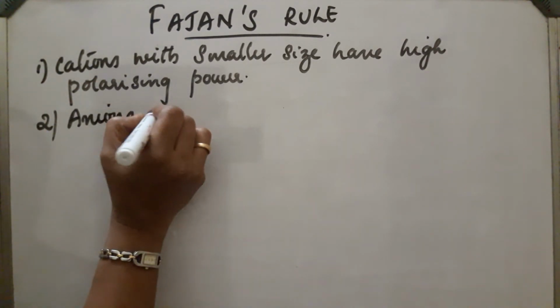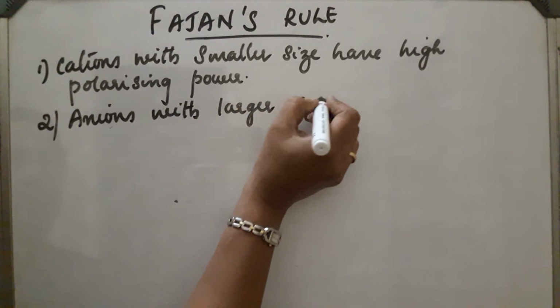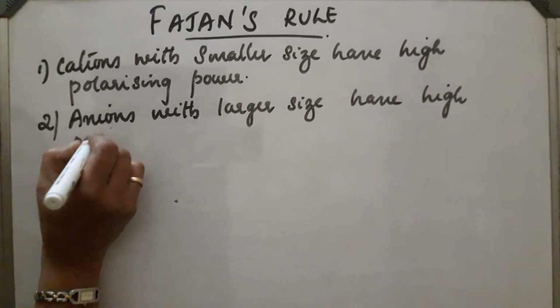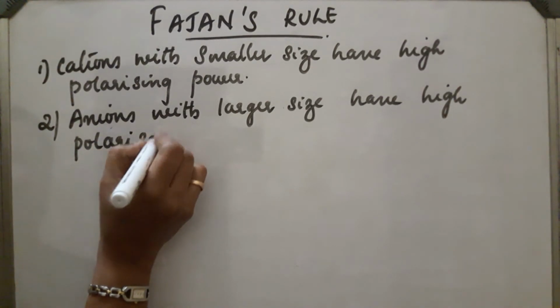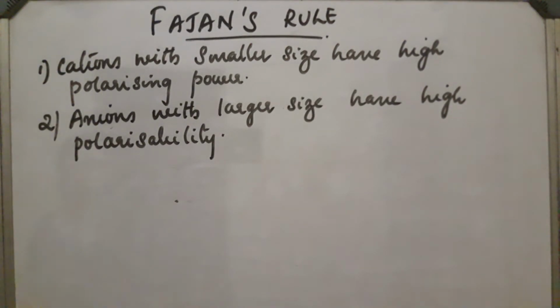So, if the cation has high polarizing power and the anion has high polarizability, the degree of polarization increases. Anions with larger size have high polarizability, which means the electron cloud can be deformed easily, or the electron charge cloud between the two ions increases.